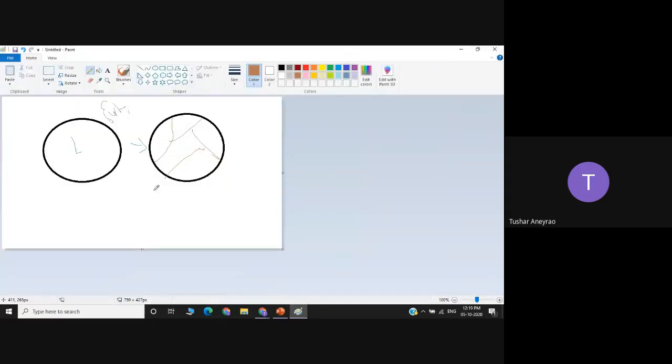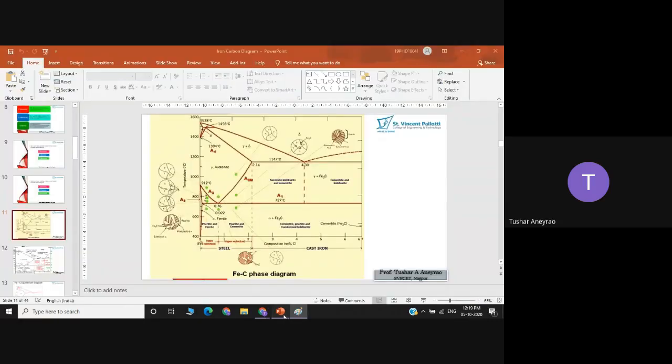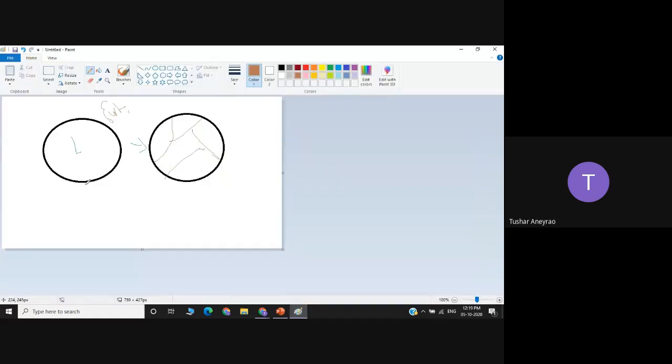So now what is happening here? We have said that Fe3C has 6.7% carbon, and austenite has 2.14% carbon. So let us imagine that it is not an instantaneous process, but that the process has occurred over a time.